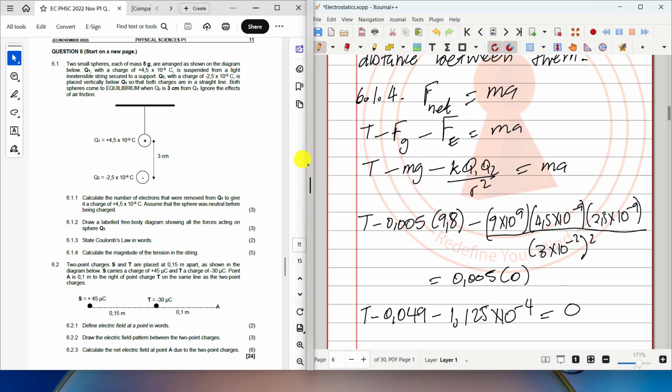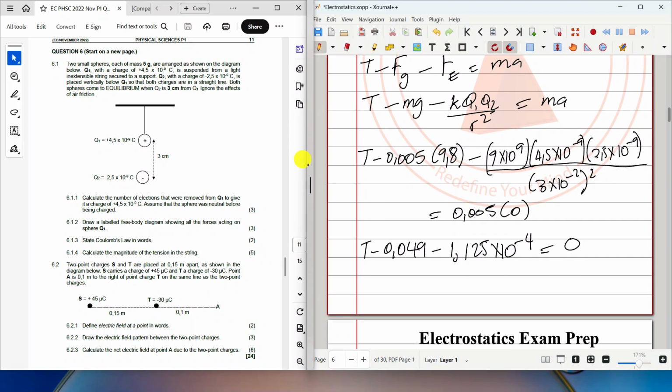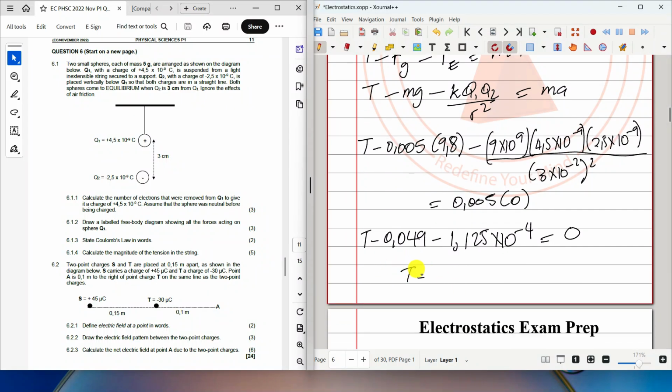Right. So this answer was the previous answer. What are we getting? We are getting this value here. Our tension is therefore 0.049 newtons. You can also write 0.05 newtons. I think it's okay because you're working with 2 decimal places, right?